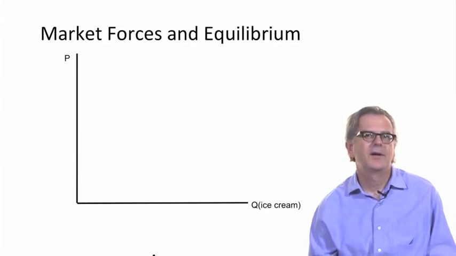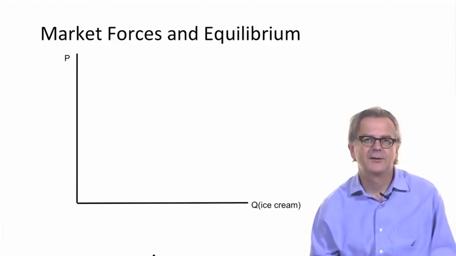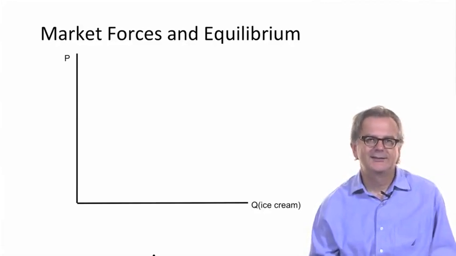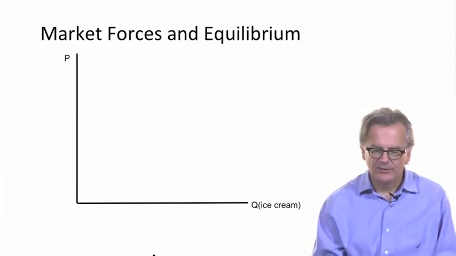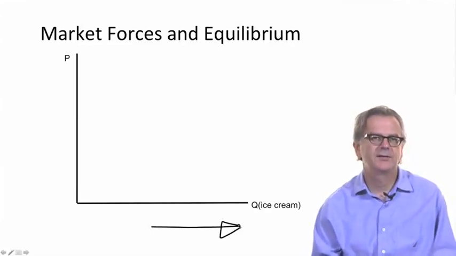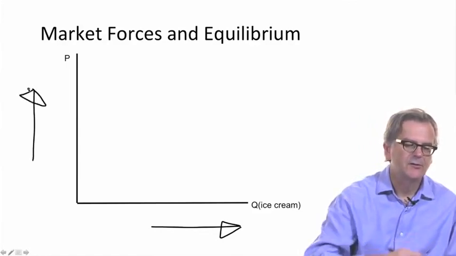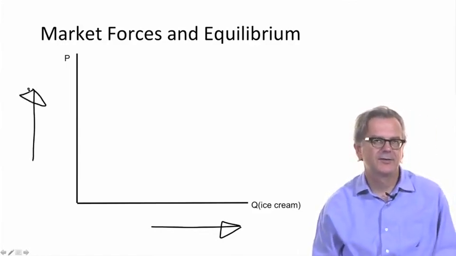So I want to think about the market for a single commodity, and let's just call it ice cream. I have here two axes. On the horizontal axis, I'm going to record the quantity of ice cream, and on the vertical axis, the price of ice cream.